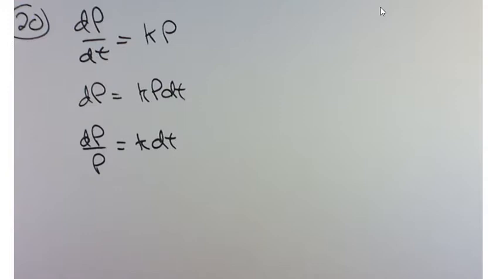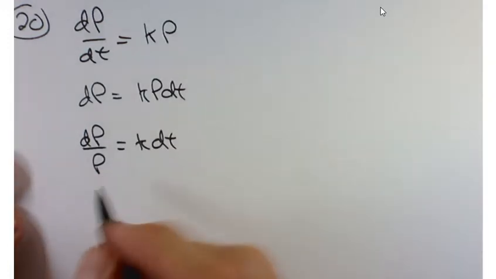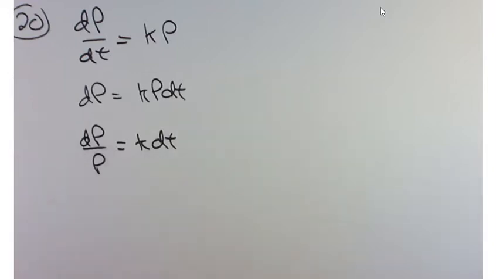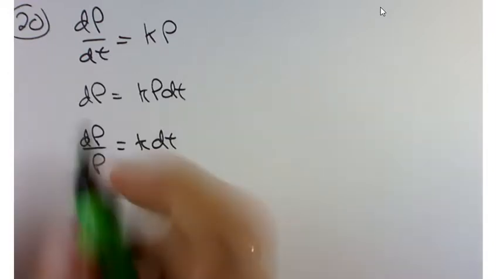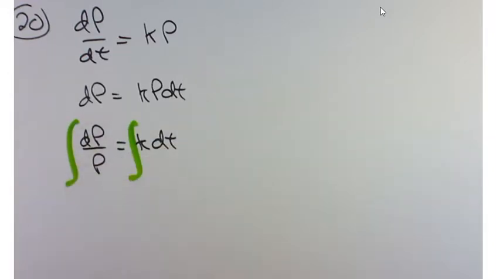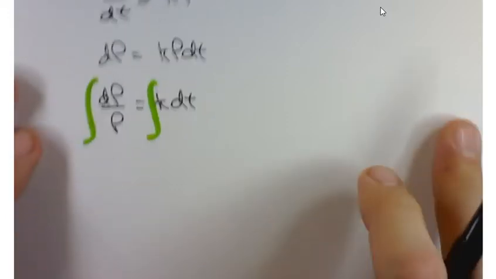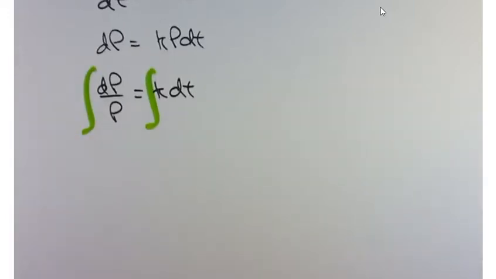What we're going to get out of this is the exponential growth model. I think it's called the Malthusian growth model, but don't quote me on that. We can now integrate both sides. And what you're going to get is a model that you've seen with calculating continuously compounded interest or population growth.